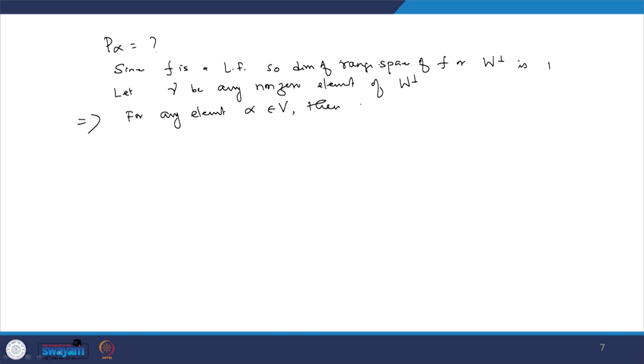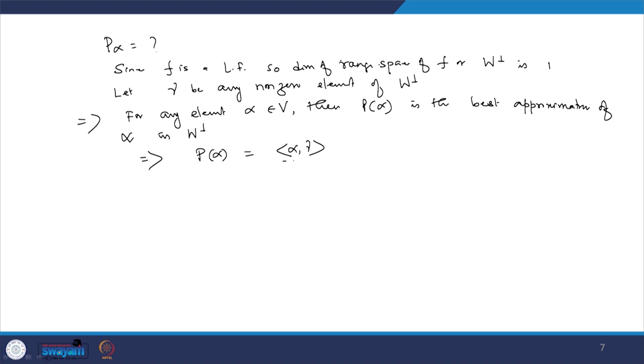Then P alpha is the best approximation of alpha in W complement. So this implies your P alpha will be equal to the inner product of alpha and gamma, divided by the norm of gamma squared, times gamma.